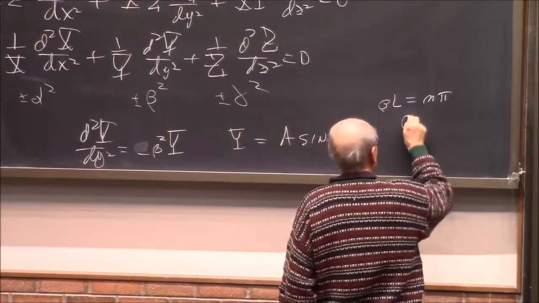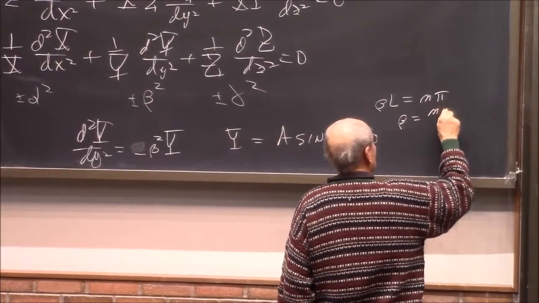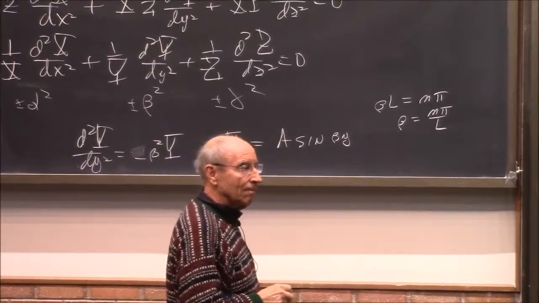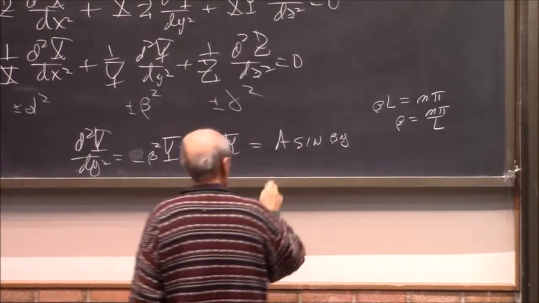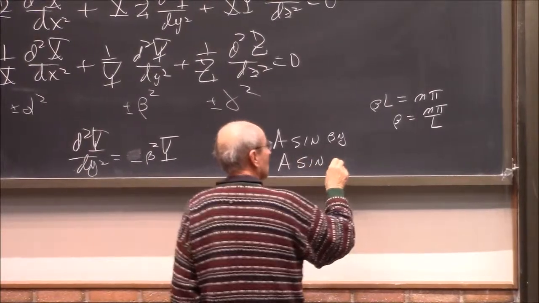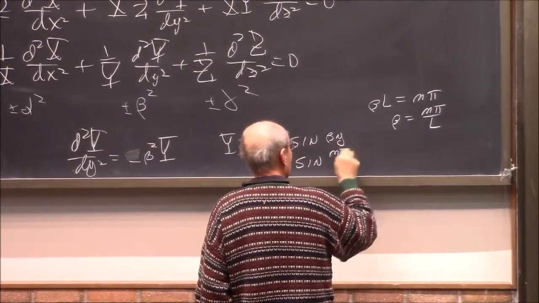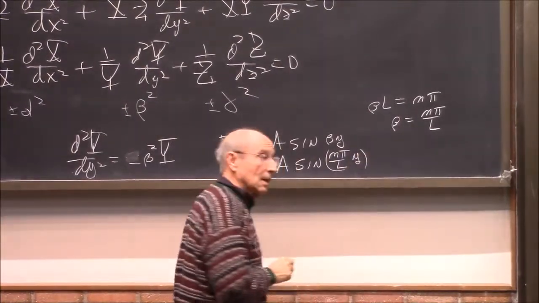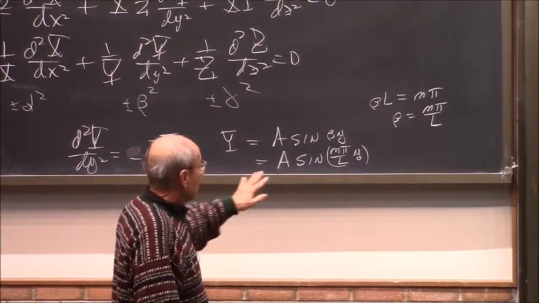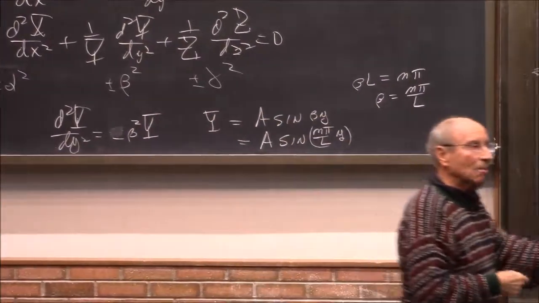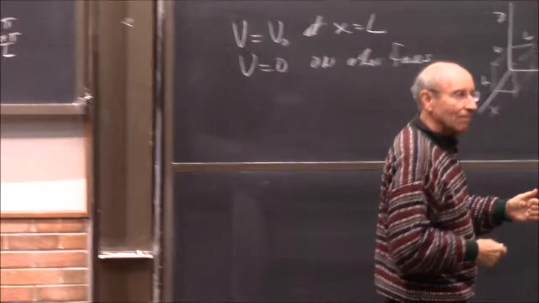So that meant beta had to be equal to some integer number of pi's over L. And so we ended up with a solution for y, which looked like n pi over L times y. Now, that worked because the symmetry of the coordinate system matched the symmetry of our problem.